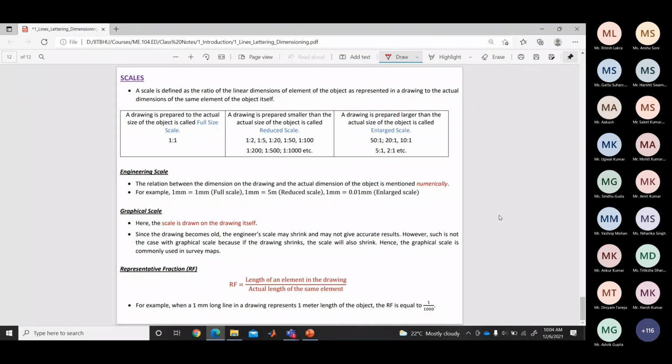Even, for example, how microscopic things can be put on bigger paper is also possible through scaling. Sometimes we use a reduced scale, sometimes we enlarge the scale, and in some cases we use the scale as it is.